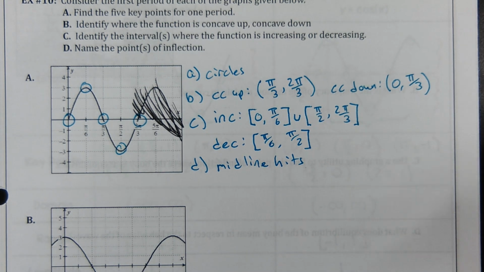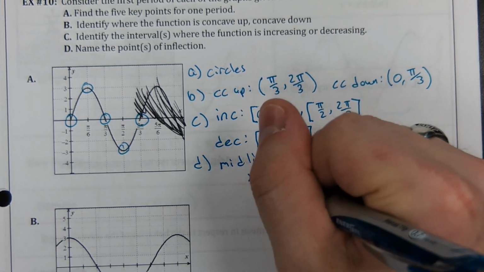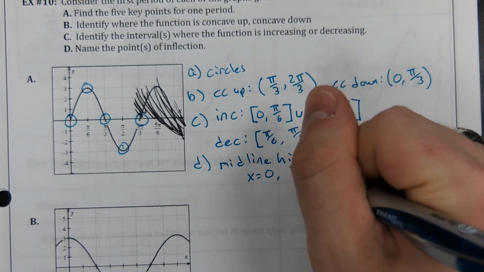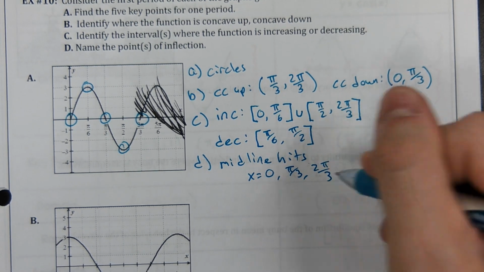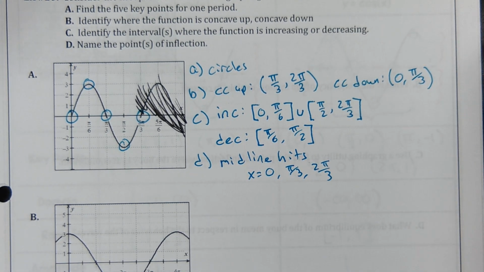Or you could say x equals 0, x equals pi over 3, x equals 2 pi over 3, so on and so forth. There's me naming them, but obviously it's just going to be any time you're on the midline, okay? Nobody cares what the y value is. The point is it's the midline.